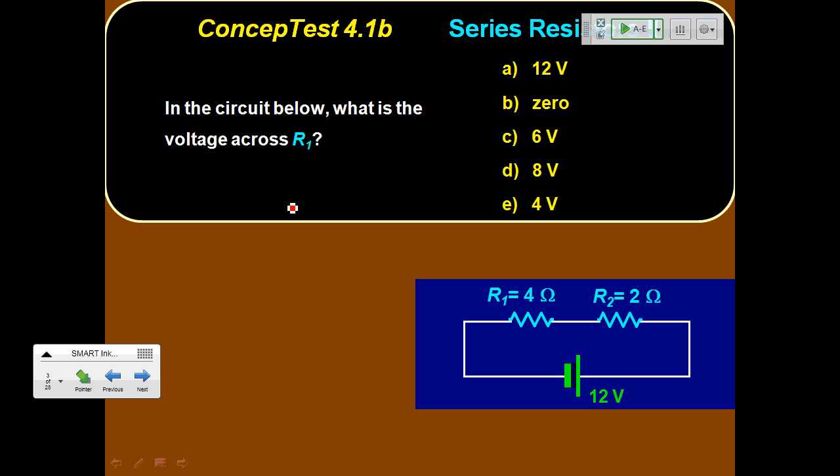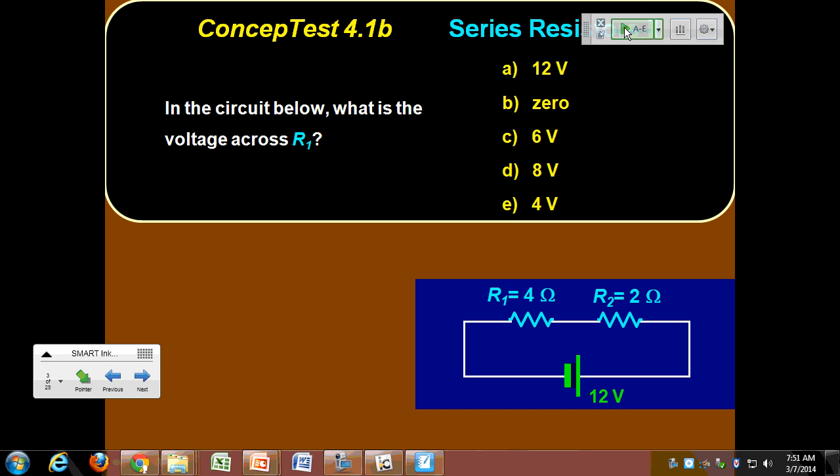In the circuit below, what is the voltage across R1? What's the voltage across R1? Remember V equals IR. So if R is big, I'll have a bigger voltage.